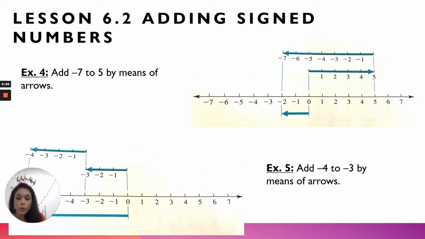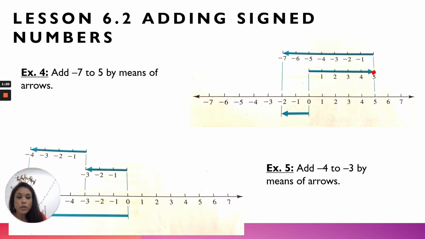Example 4, we're going to use a negative number. It says add -7 to 5 by means of arrows. So we are first going to plot our positive 5. We start at 0 and move to the right 5 places because it is positive. We start right here at the tip, and we're going to move in the left direction 7 places because it is a negative number.